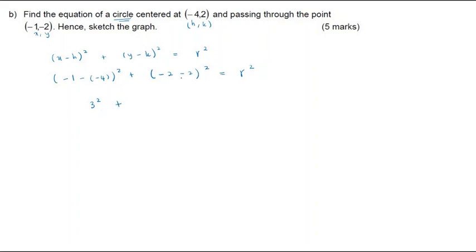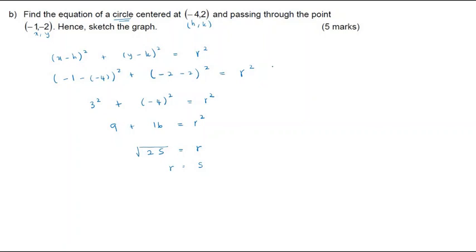Plus -2 minus 2 is -4, -4 power 2. 9 plus 16, 25 equal r square, square root, so r equal to 5.